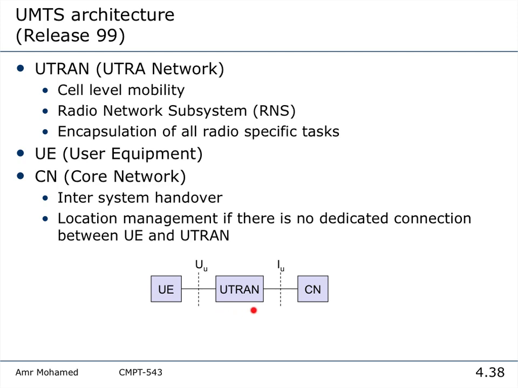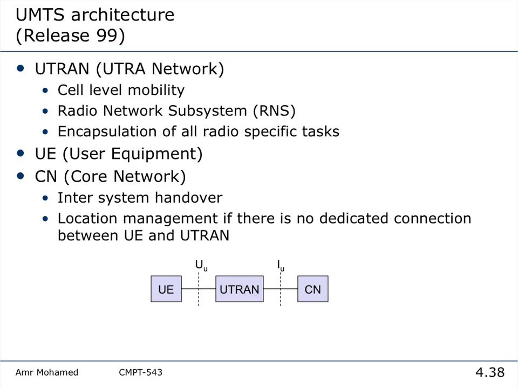The UTRAN part is the radio access network, or universal terrestrial radio access network, to be precise. It is responsible for handling all the radio access resource allocation and so on, as well as all the cell level mobility.